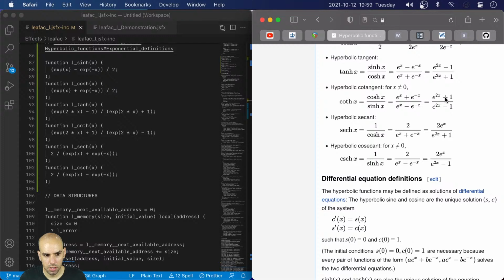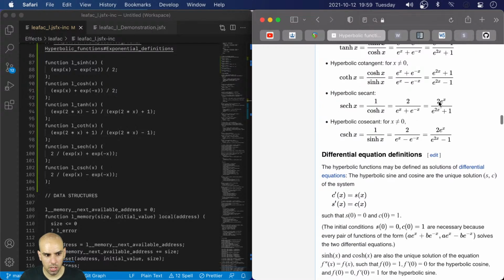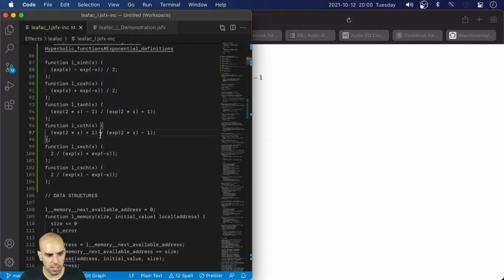Cotangent. And then this one, we are using this formula. And then for this one, we are using this formula. All right, everything I think checks out.